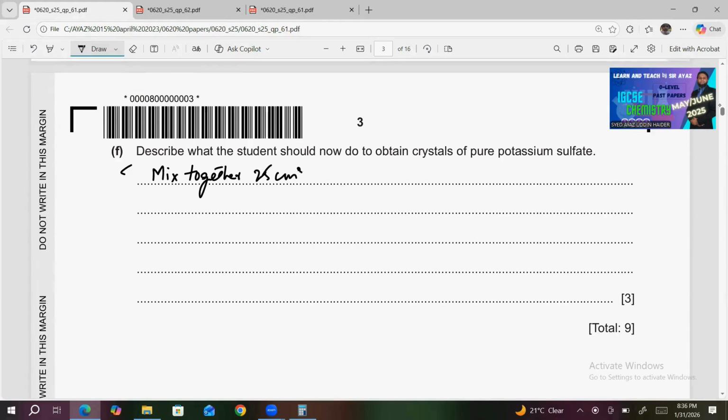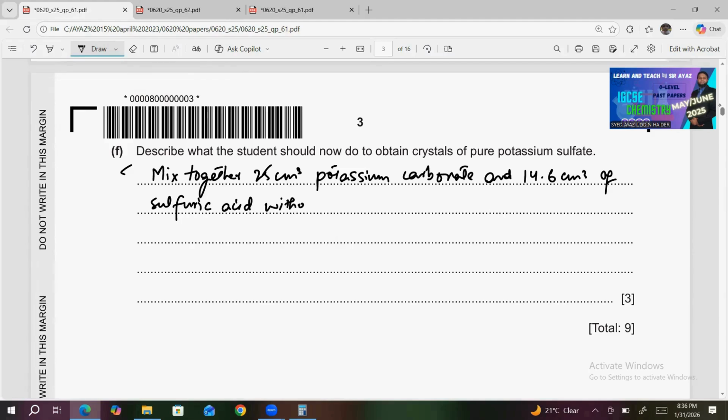25 centimeter cube potassium carbonate and 14.6 centimeter cube of sulfuric acid without indicator. Remember, the student needs to mix this without indicator.